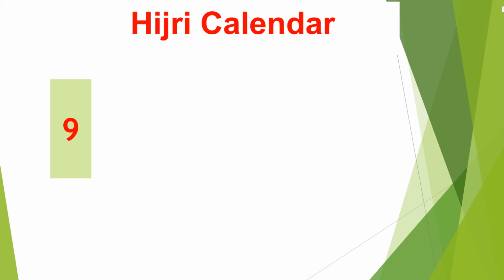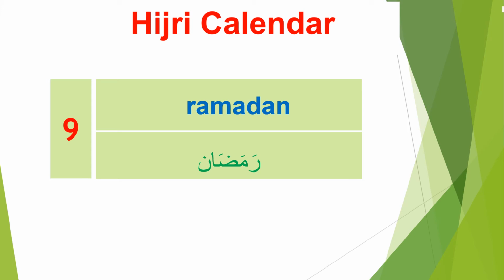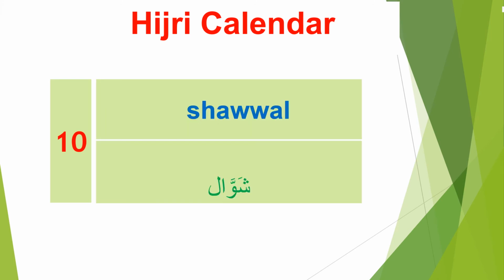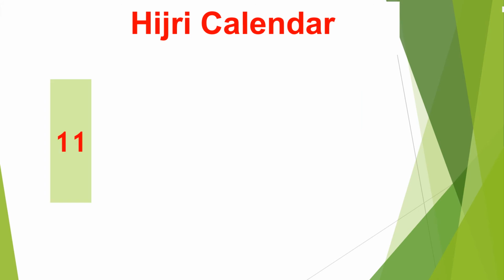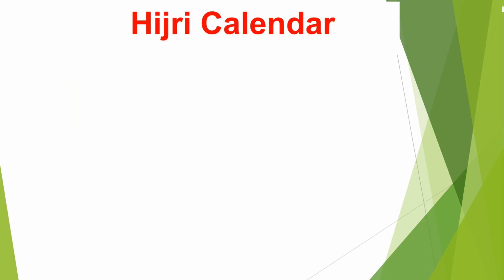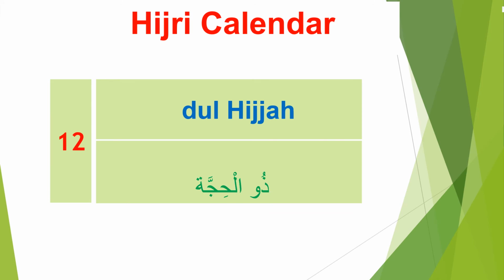Ninth month, Ramadan. This is the holy month of Ramadan, during which Muslims all over the world abstain from food and drinks from sunrise to sunset for the entire month. 10th month, Shawwal. 11th month, Dhul Qa'dah. 12th month, Dhul Hijjah.